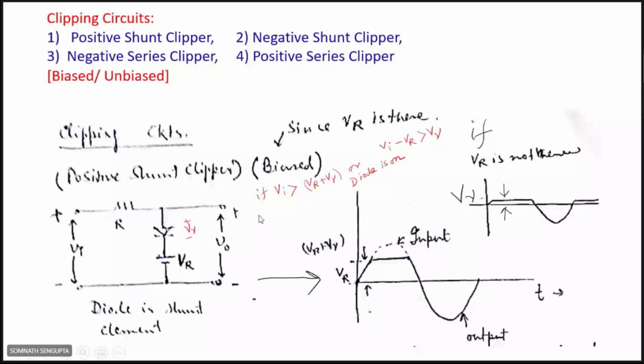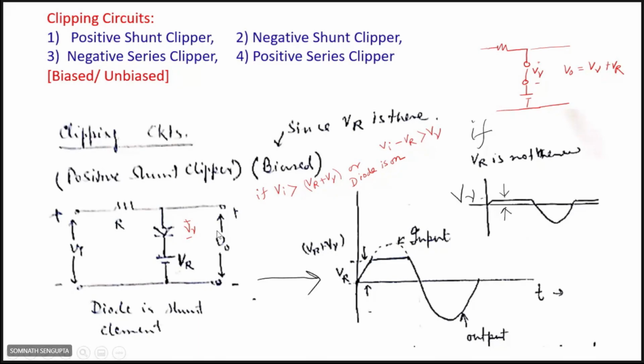It is a short circuit path. Simply, if you draw it here, it is resistance, then a short circuit path, then VR along with some voltage of V gamma. So output is equal to V gamma plus VR. So we get a clipped output at this point.